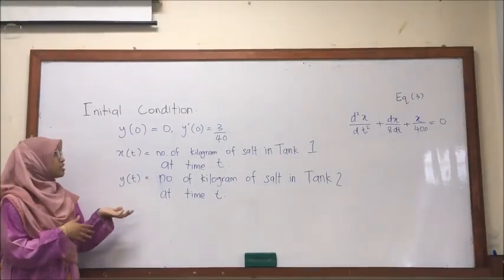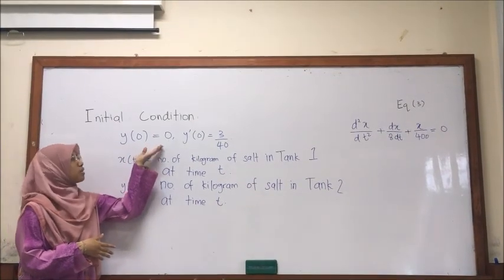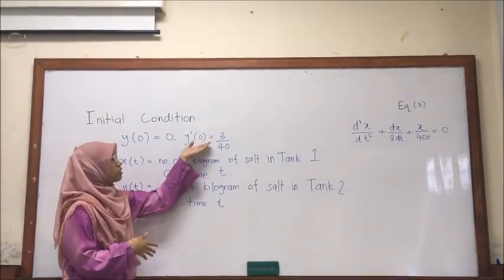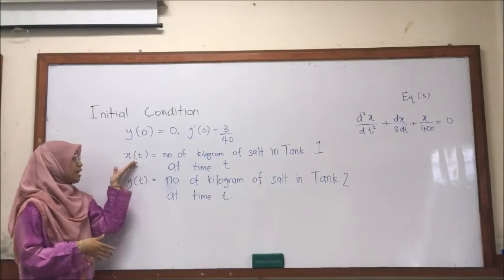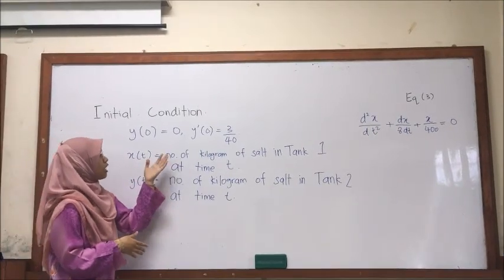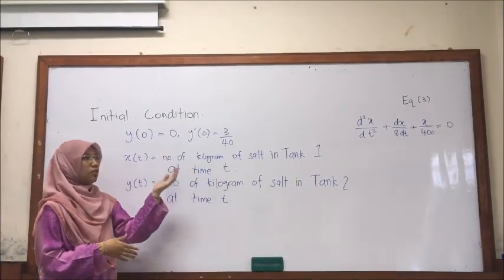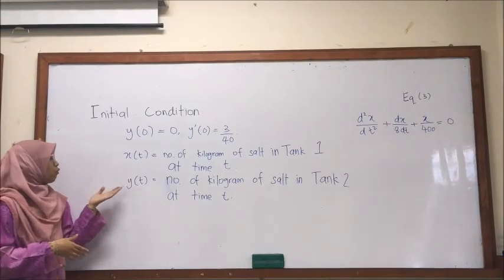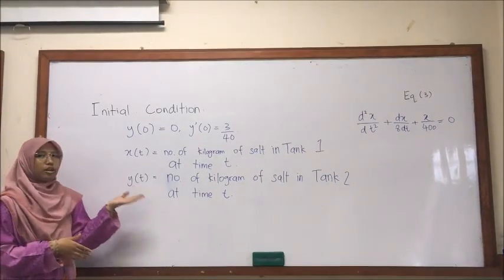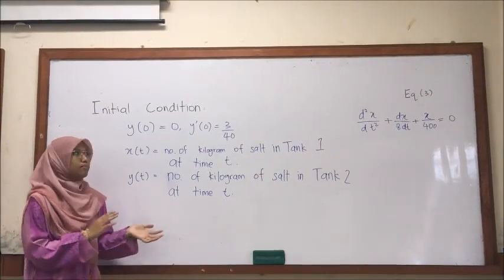For the initial conditions, y(0) = 0, y'(0) = 3/40, where s(t) equals the number of kilograms of salt in tank 1 at time t, and y(t) equals the number of kilograms of salt in tank 2 at time t.